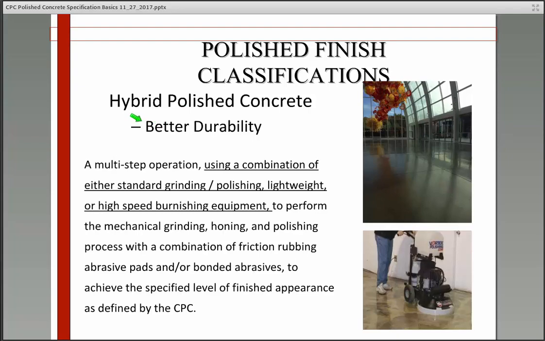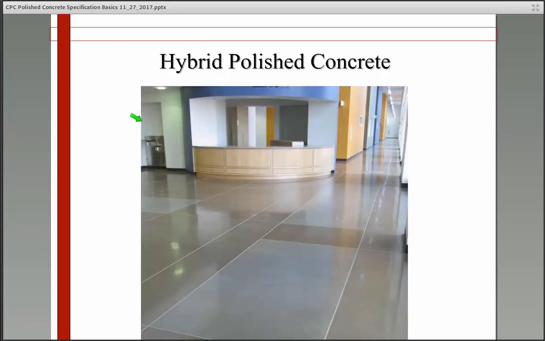It also is densified, so they're going to get good durability on all 3 of these processes. And this is a hybrid. You can see that now this floor is a little flatter, and they're getting a little bit more true reflectivity of some of the different features in this particular building.